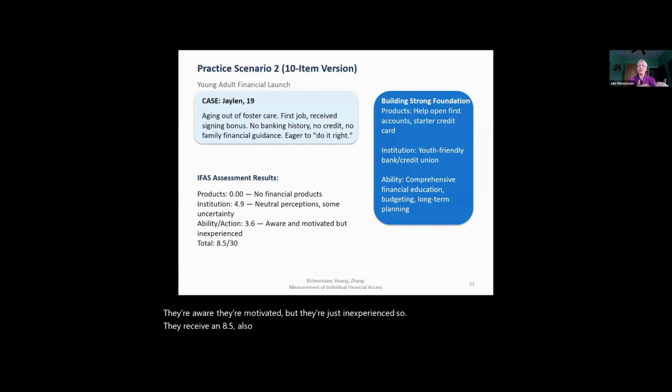And again, just targeting those domains in terms of an intervention, you might help them open a first account product, and help them get started with a credit card through an institution that has a very low credit limit, so they're not able to charge very much on it. In terms of the institution, you're looking for one that is very youth friendly, that can work well with younger people that don't have that much experience with institutions.